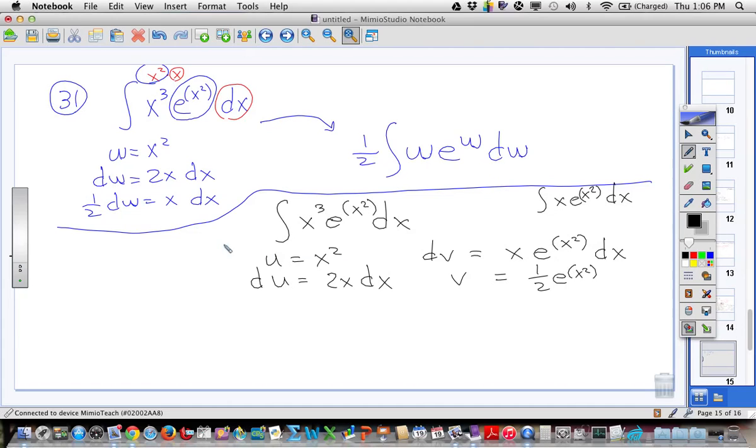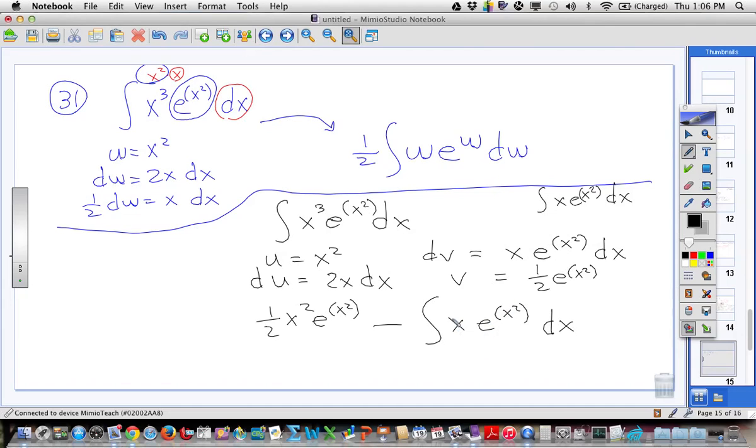Then when you do your u times v, you get 1/2 x squared e to the x squared minus the integral of v du. So if you multiply these two together, the 1/2 and the 2 cancel, and you just end up with x e to the x squared dx, which is the same thing we just had here, right? This would be a u substitution.